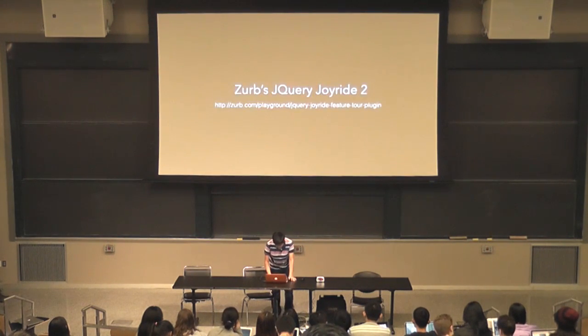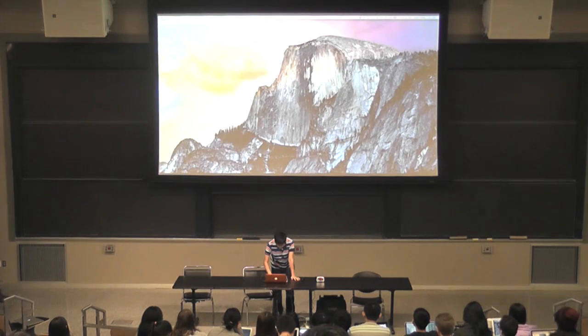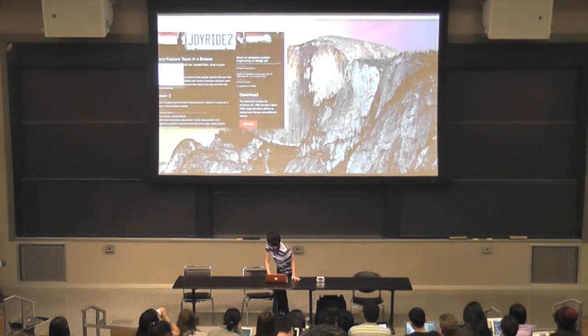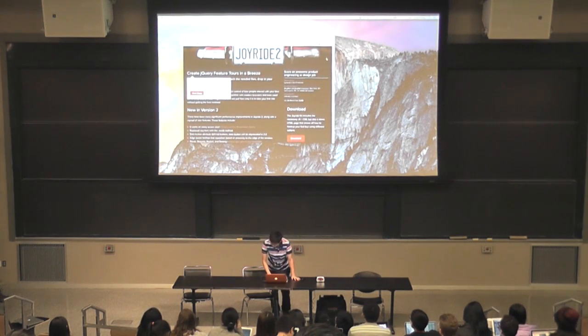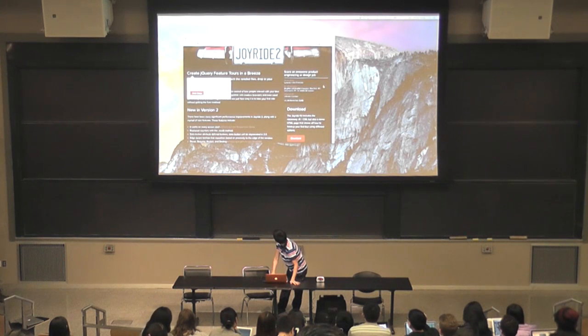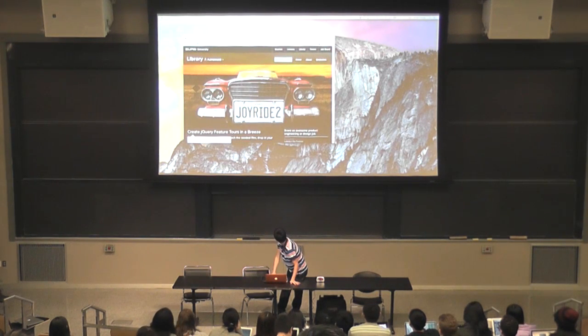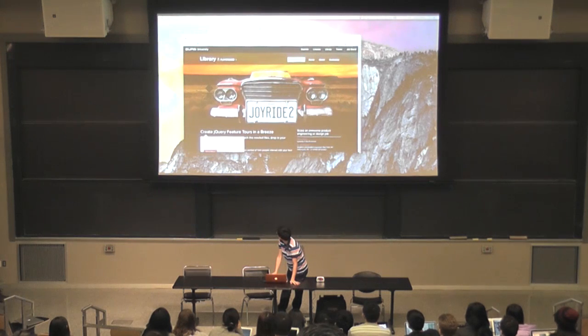Let's see if I can actually go to this page. Cool. So this is a product tour or a website tour, and this is a library that helps you do that.